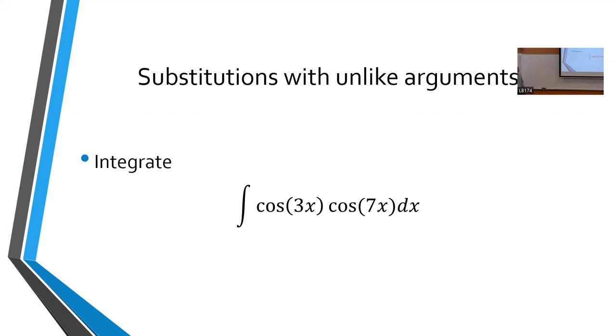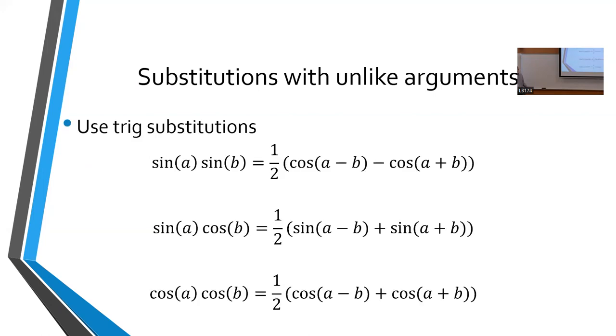Well, it turns out what we're going to use is some trig identities that you may or may not have seen back in pre-calc days, looking at trig stuff. So we do this.